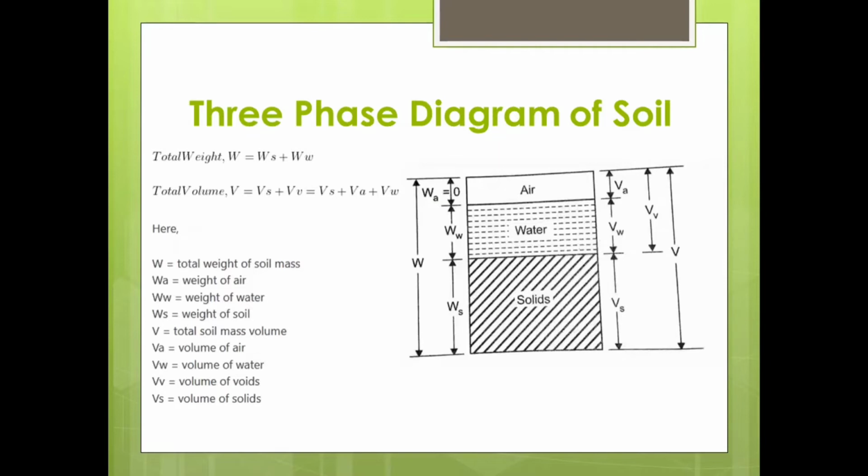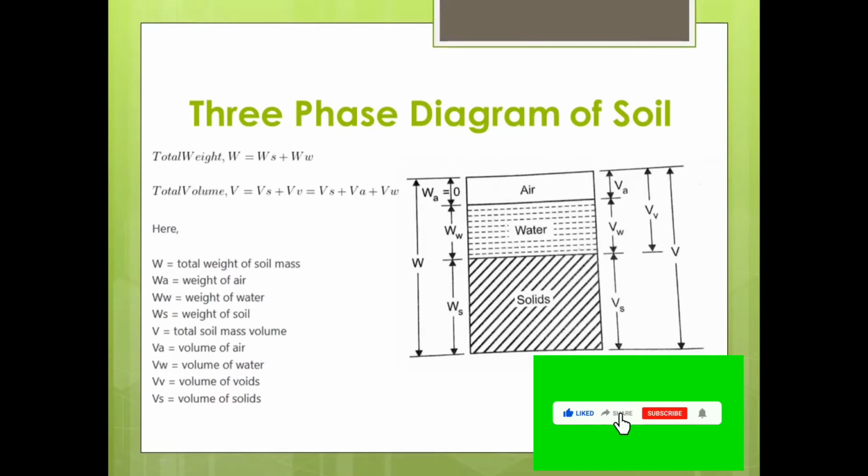Now, a soil structure does not necessarily have solids at the bottom, water in the middle, air at the top. No. Just to understand a soil system, we are representing different phases of soil like this.